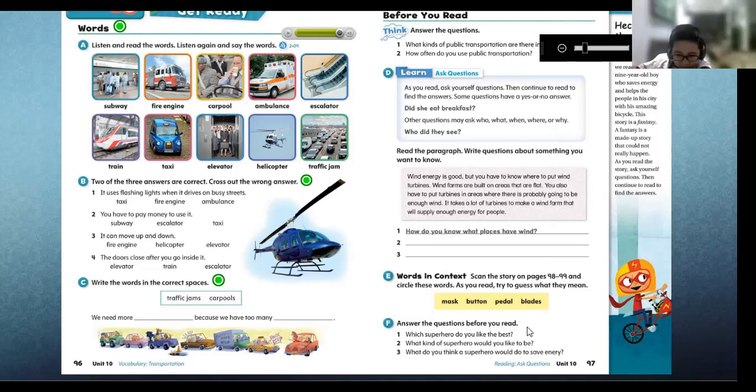I think a good superhero. Okay, so anyway, you will find that one. What does this superhero do? You will find that in your next class with your new teacher next week.